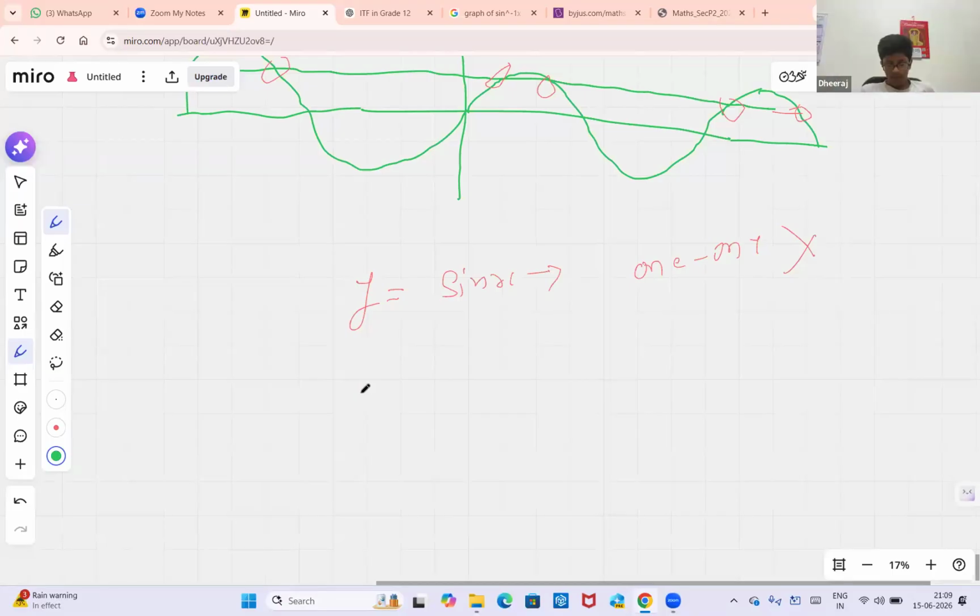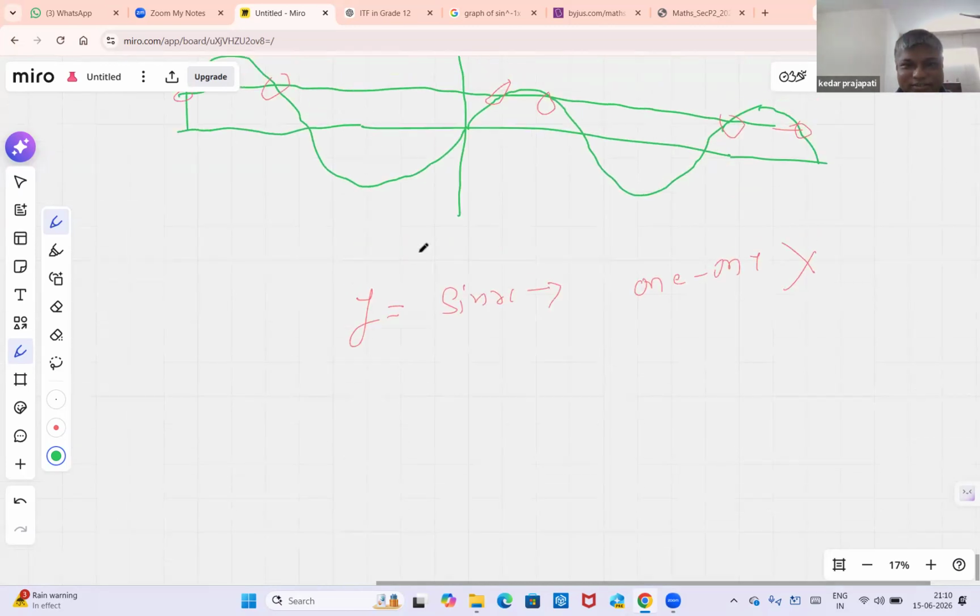So they said we will have some mechanism to make it invertible. So what they decided was, fine. In the entire region, y equal to sine x, this function is not 1, 1, right? But let us reduce its domain.